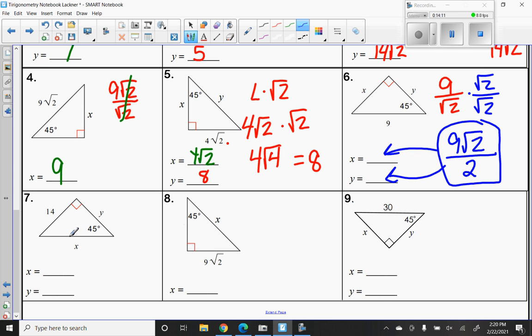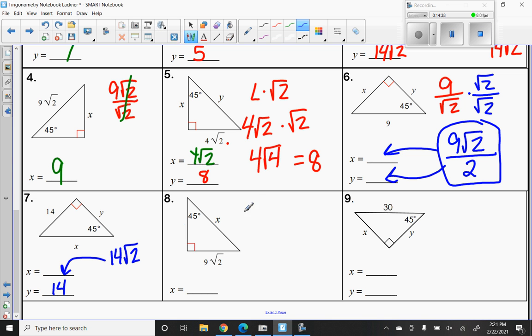All right, another easy one. Here's a leg, 14. This leg is equal, 14. To get the hypo, it says leg times radical 2. 14 times radical 2 is 14 radical 2. I have to keep it there because I'd get a decimal. 9 radical 2 is a leg.